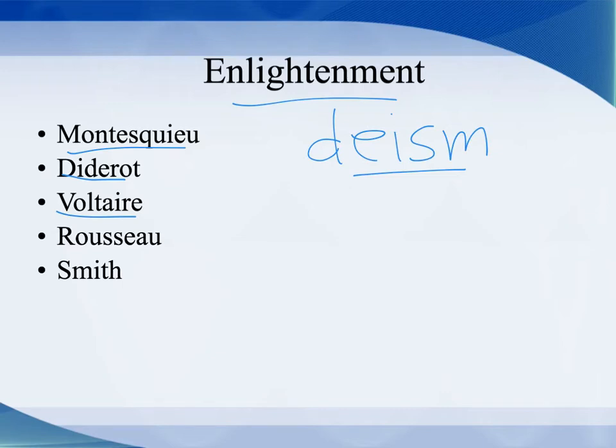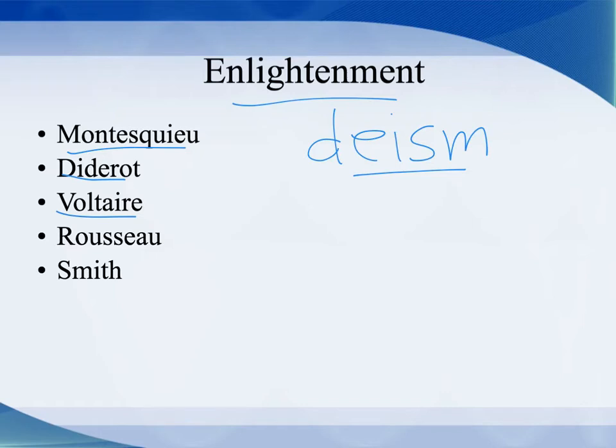Also, freedom of inquiry, just the ability to ask questions and not be penalized for it. And the freedom of the press, the ability of newspapers and magazines to print whatever they want without fear of censorship or punishment. But Voltaire believed that human fate was ultimately decided by humans.